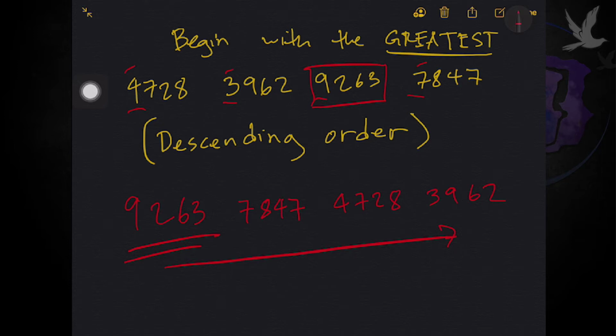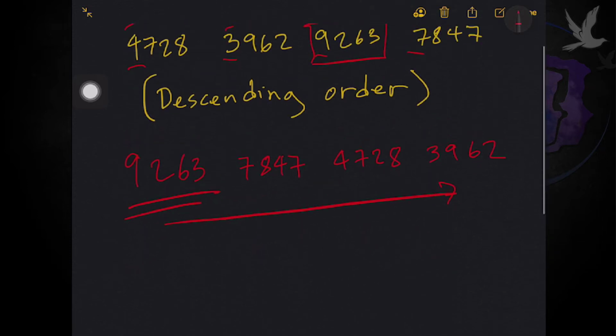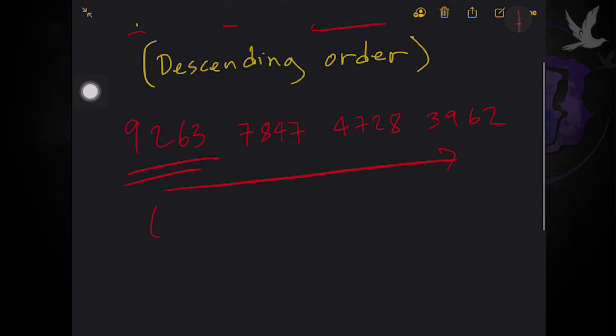Otherwise, for the next page, page 28, the task is to arrange these numbers in order, begin with the smallest. So all you have to do is to do it the other way around. Doing it the other way around is called ascending order.